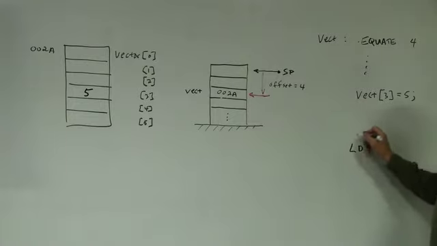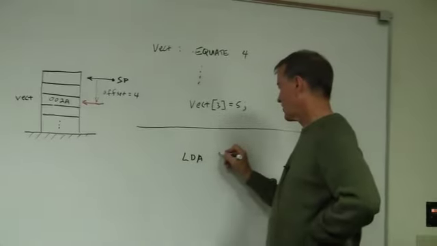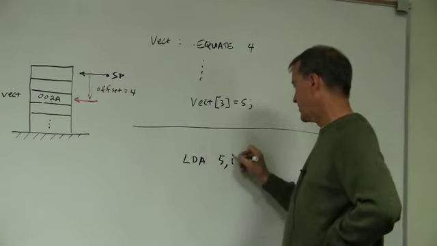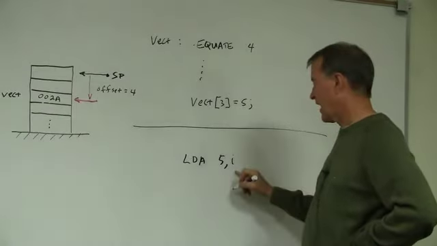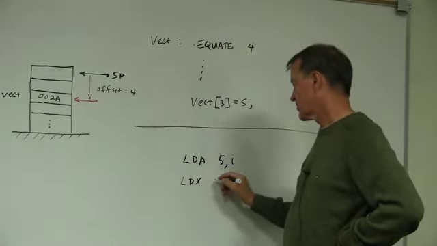So this is the way the compiler would translate it. First thing the compiler has to generate is load accumulator 5 immediate. Okay, so that gets the 5 in the accumulator. But now the question is, how do we get that into vect sub 3?